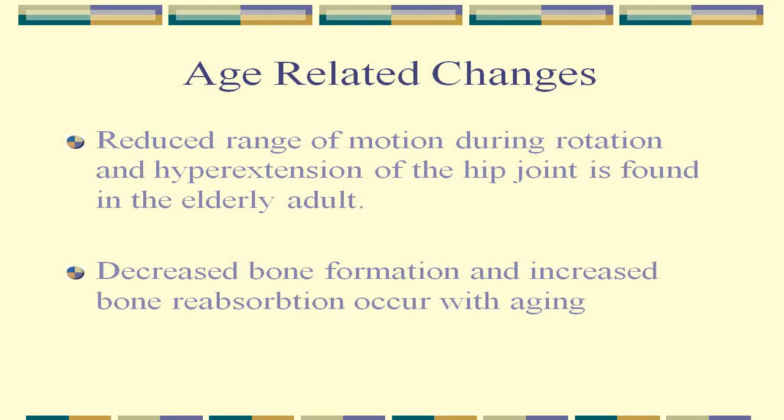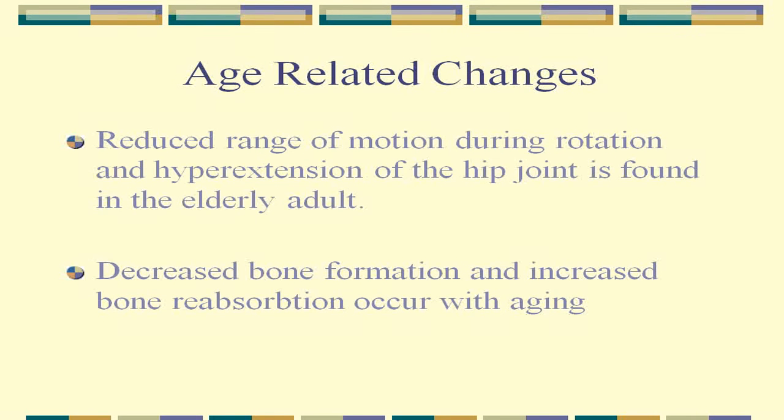So the age-related changes that we see that tend to lend themselves to osteoarthritis: the reduced range of motion during rotation and hyperextension of the hip joint is found in the elderly patient. We see decreased bone formation and increased bone resorption that can occur with age. What was that again?